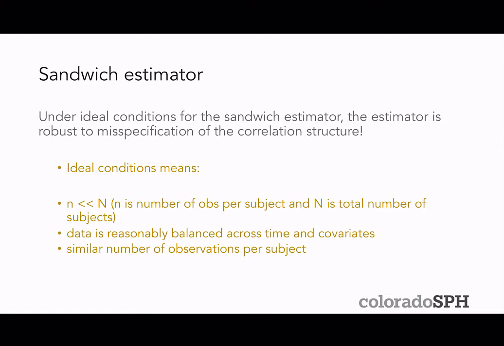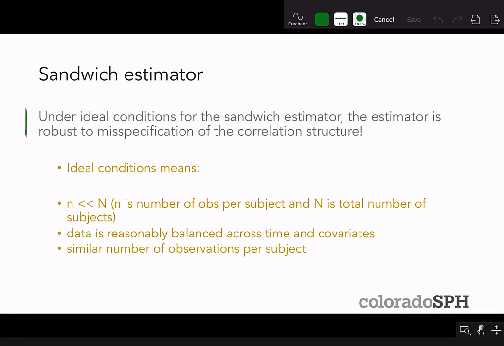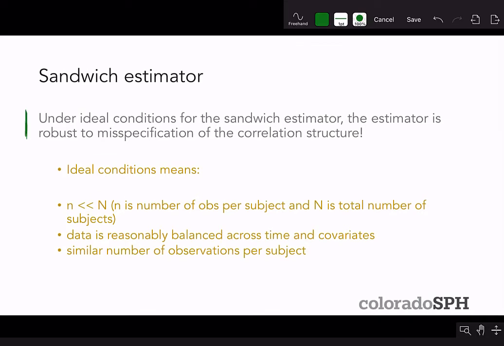And what's nice about this is under ideal conditions for the sandwich estimator, this estimator estimates your variance in a way that is robust to misspecification of the correlation structure. So you'll get standard errors that are still going to be appropriate as long as the ideal conditions for the sandwich estimator are satisfied.